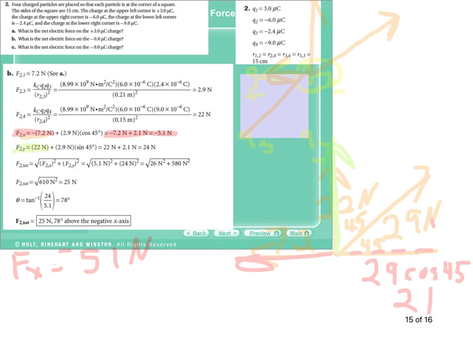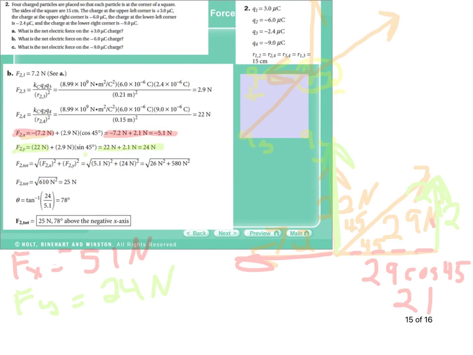We need then this part over here, which we can calculate by 2.9 sine of 45, which still is the 2.1 we had before. So we take 22 plus 2.1 and we get 24 newtons. So the force in the y direction is 24 newtons.